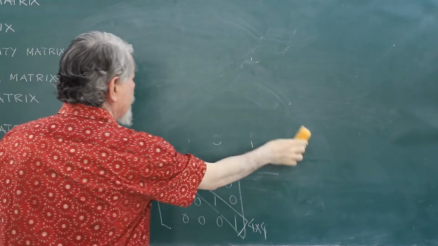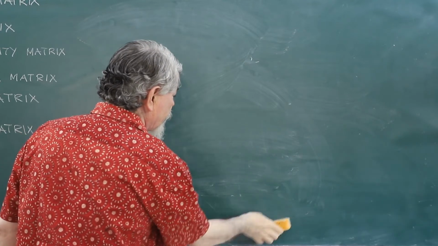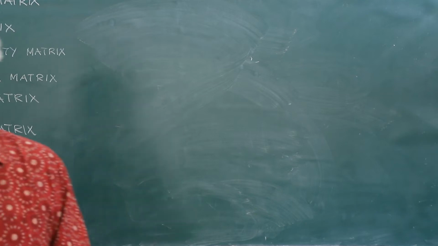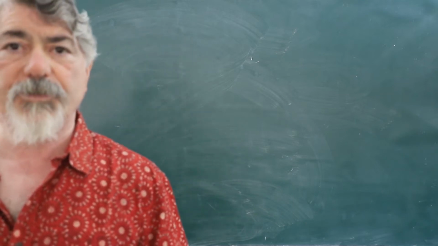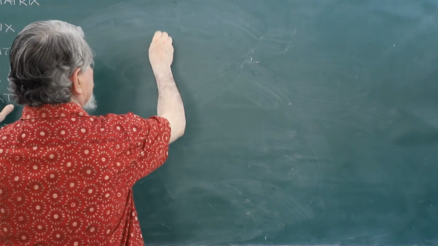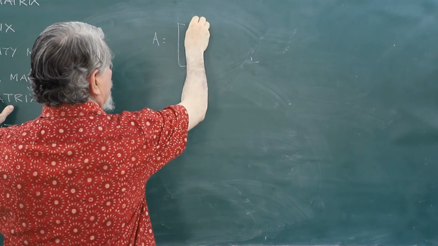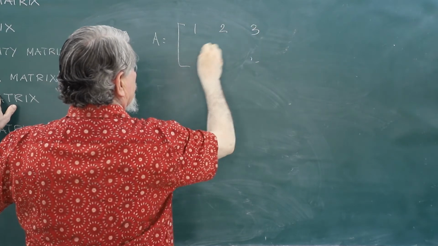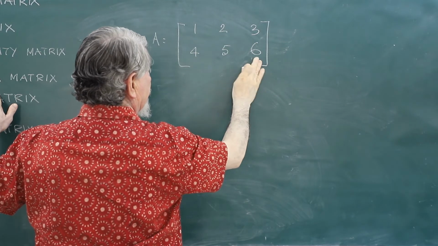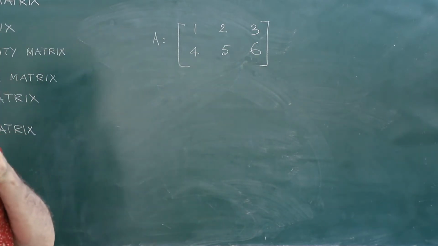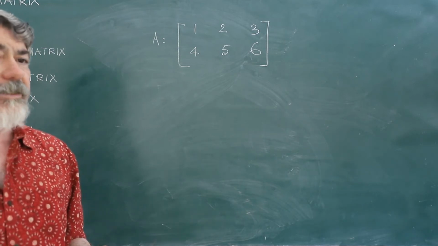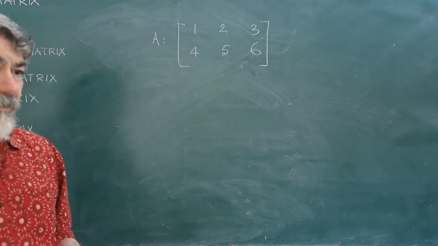Now the next is, what is the transpose of a matrix? How do we calculate the transpose of a matrix? For example, I have a matrix A: 1, 2, 3, 4, 5, 6. In a transpose, what we do is we interchange the rows and columns of the matrix.